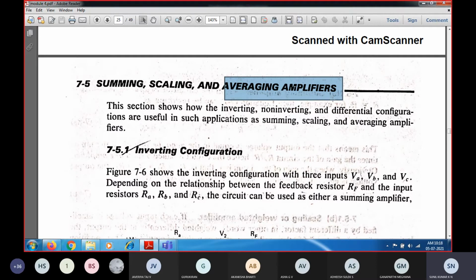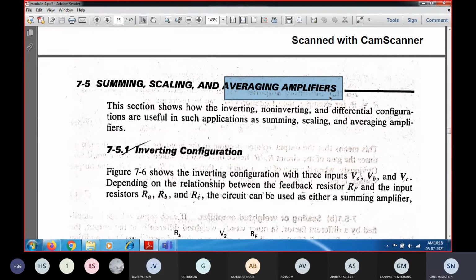So whatever the number of input voltages you give, you should get V1 plus V2 plus V3 divided by 3, supposing I apply three input voltage sources. I should get the average of these three. How can I make it function using the operational amplifier?